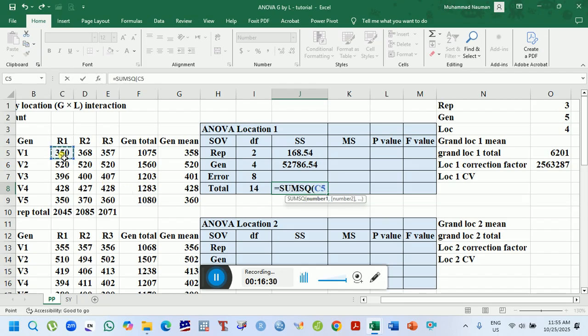Make the selections, each variety and from each replication within, minus, first put this in one bracket, minus correction factor.